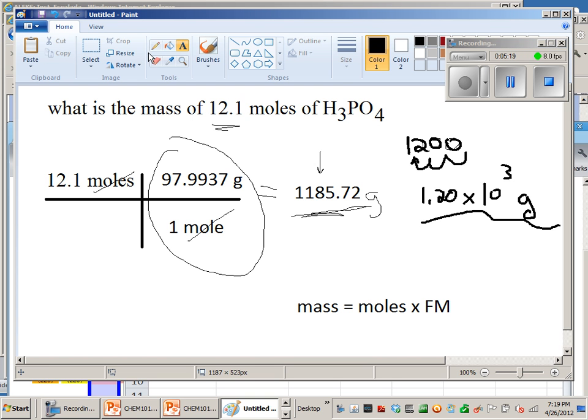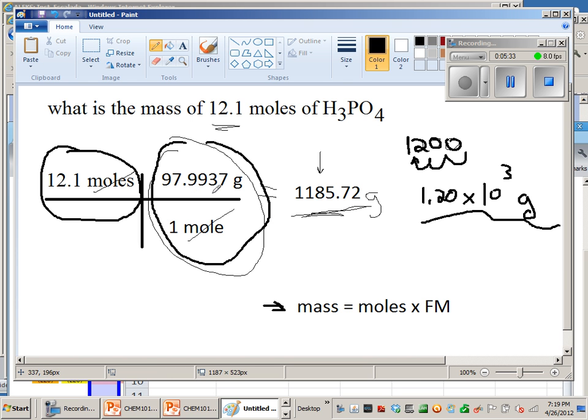Mass equals moles times formula mass, and what you would end up doing is multiplying 12.1 moles times the formula mass of 97.9937 grams per mole. Again, the units should cancel out regardless of how you do it, and you'll end up with the same answer.